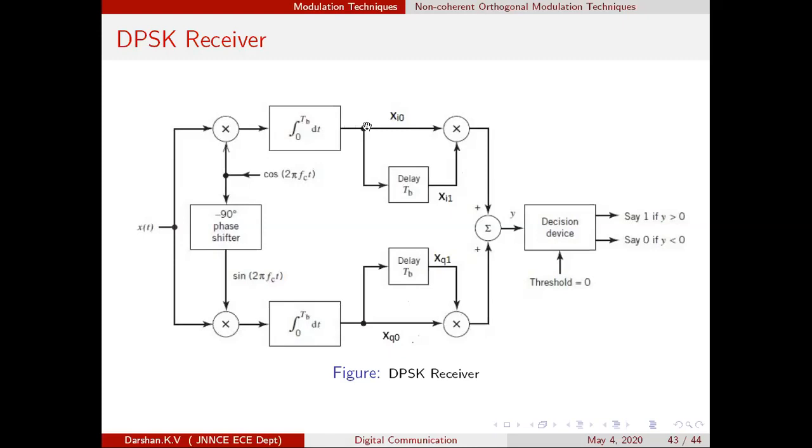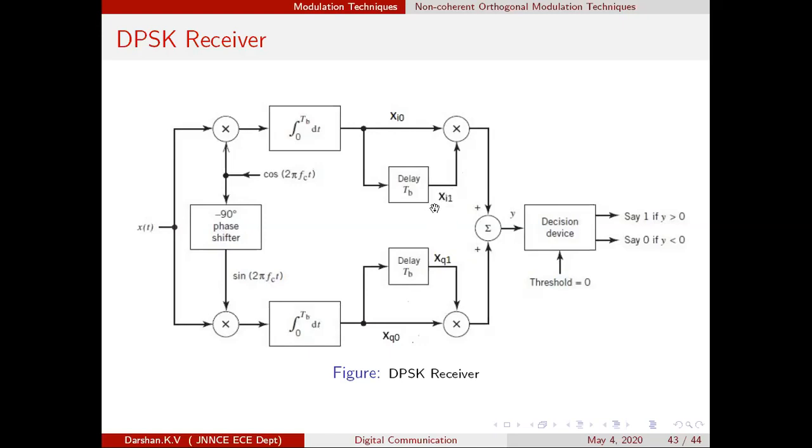You pass it through this block, and it is called xi0. That is the thing. Then what is this xi1? In the next time interval, you are supposed to receive another signal. That is represented by xi1. That is how you are supposed to understand.